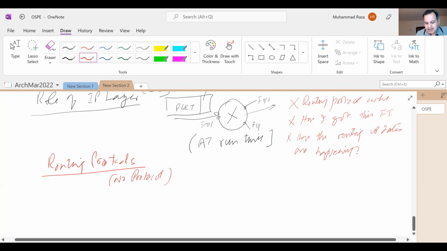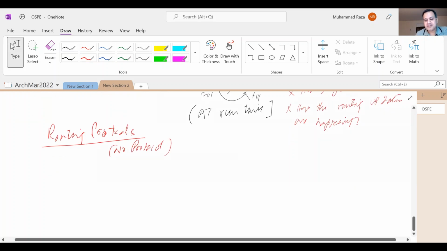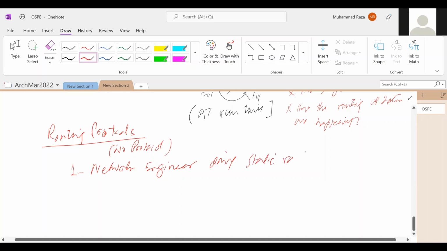For example, I may have different ways to do all these things. Number one, I'm a network engineer, and I am doing static routing for a small network.